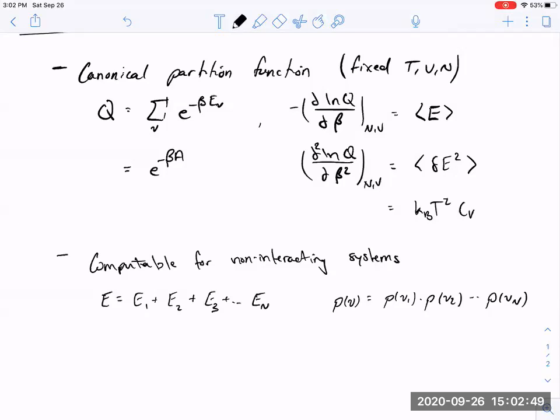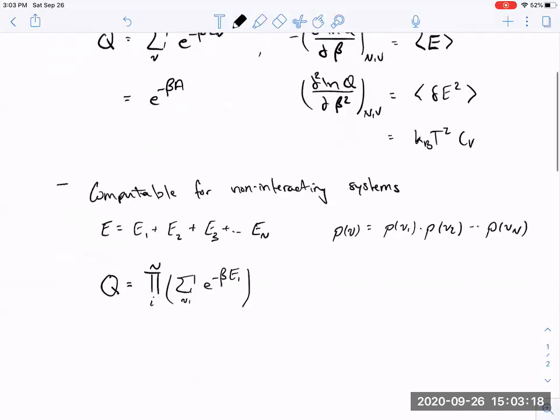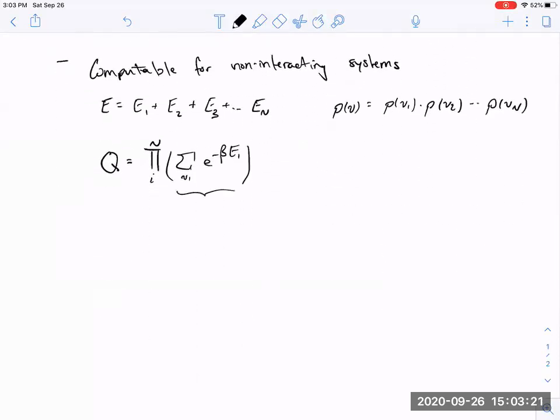Nevertheless, for non-interacting systems, this is always the case, and it follows from this factorization that the partition function will similarly factorize into n products of a partition function for the individual particle. Which we have denoted a little q and called that little q the single particle partition function.